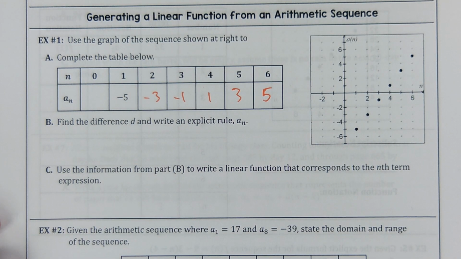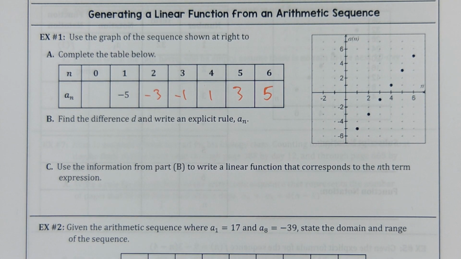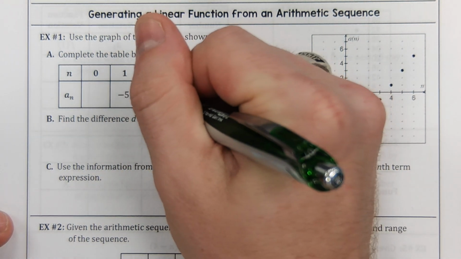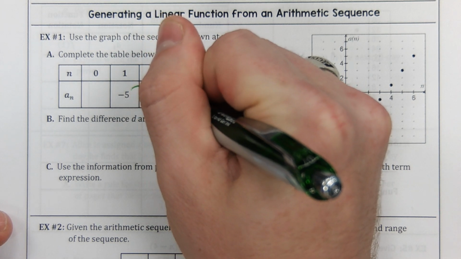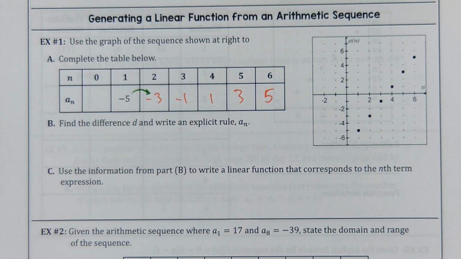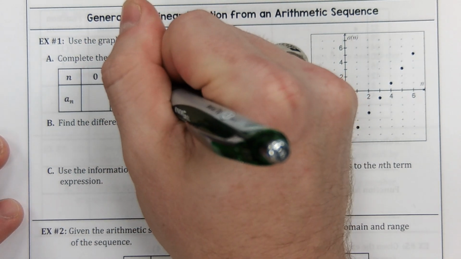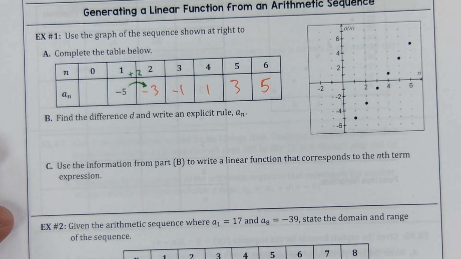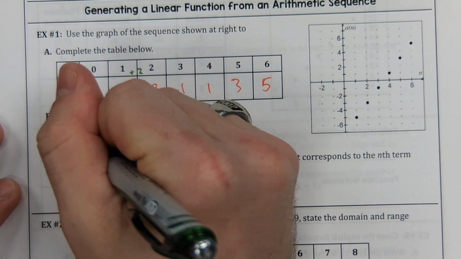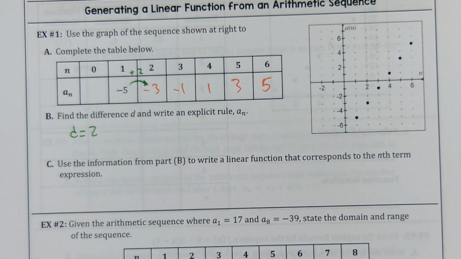There it is. It says find the difference and write an explicit rule. I'm hoping you can easily see what the difference is when you go from A1 to A2. What am I doing to my A subs? Adding 2. That means our common difference is 2.